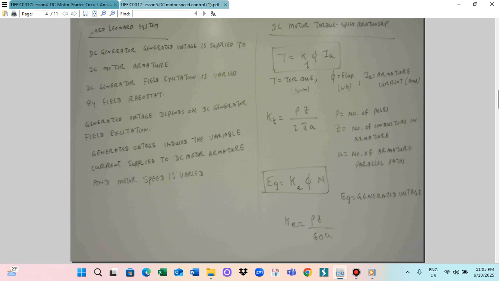By this way, the motor torque equation can be derived.